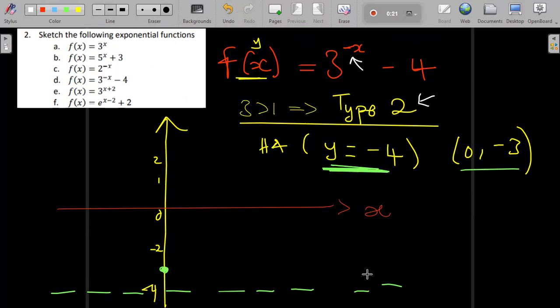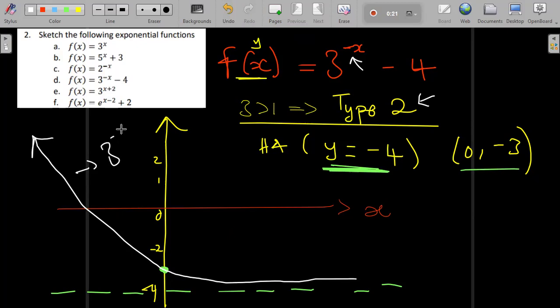So it will start from here, getting closer and closer to this horizontal asymptote, then pass through here, and go like that. This curve that I've drawn in white is the curve for 3 to the power minus x, minus 4. You see, just follow the steps and you'll be able to come up with your sketch.